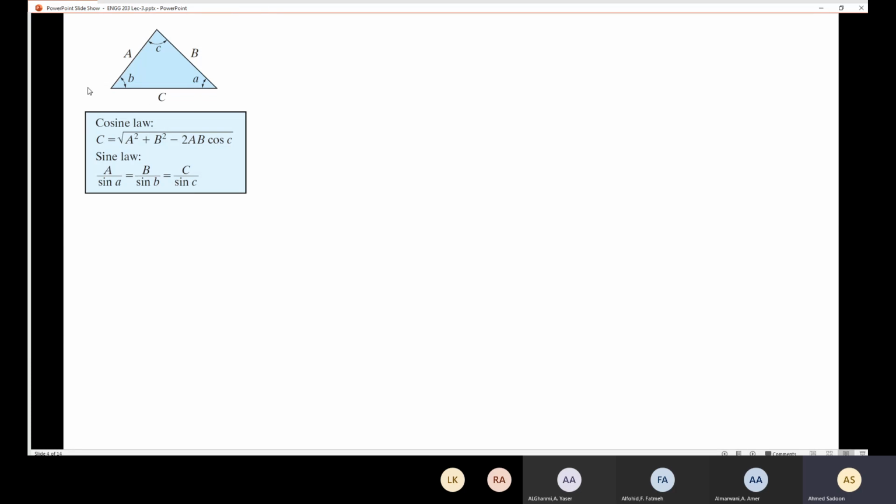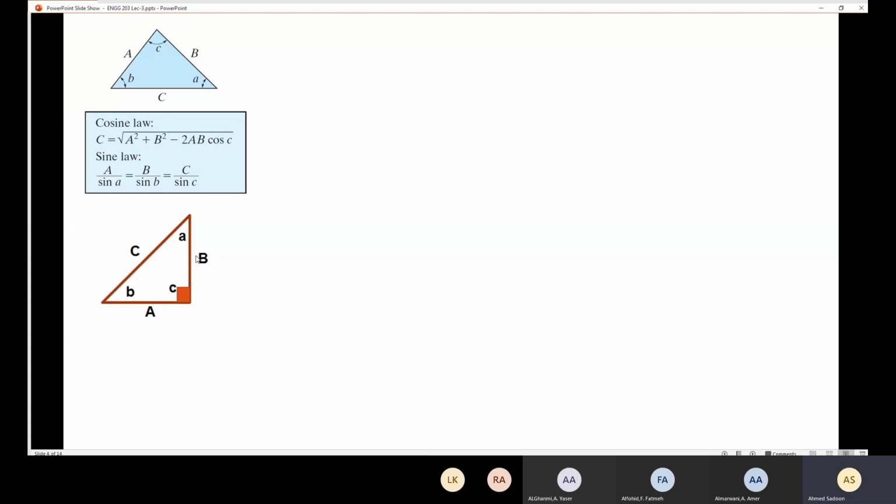We remember the cosine law and the sine law. We have a special case when we have a triangle and one of the internal angles is a right angle, like this one. So C here is equal to 90 degrees, which is a right angle.